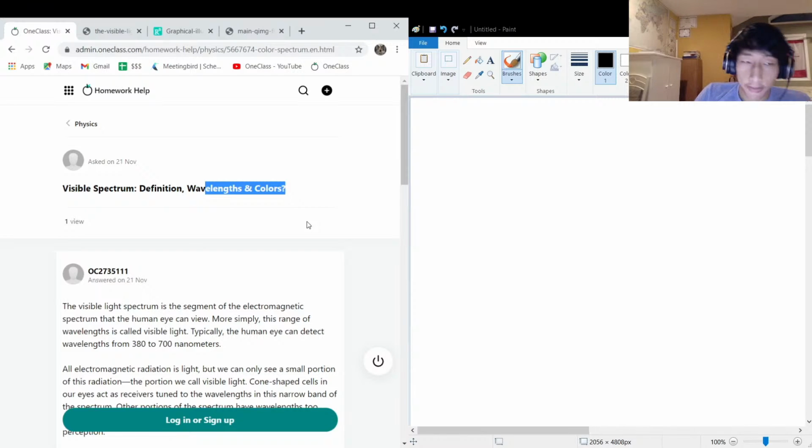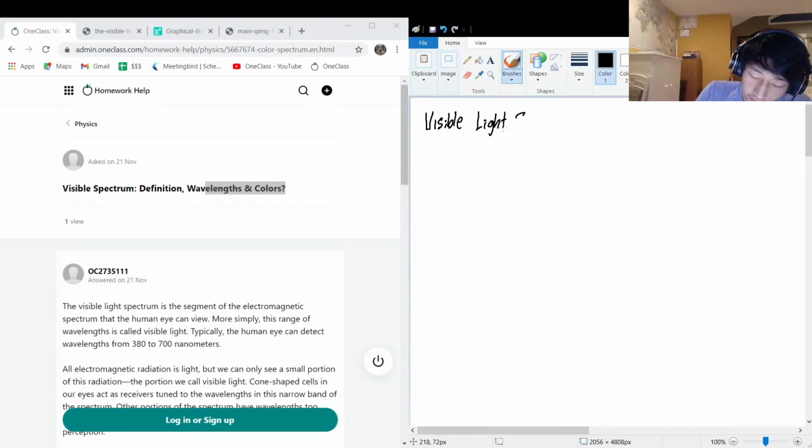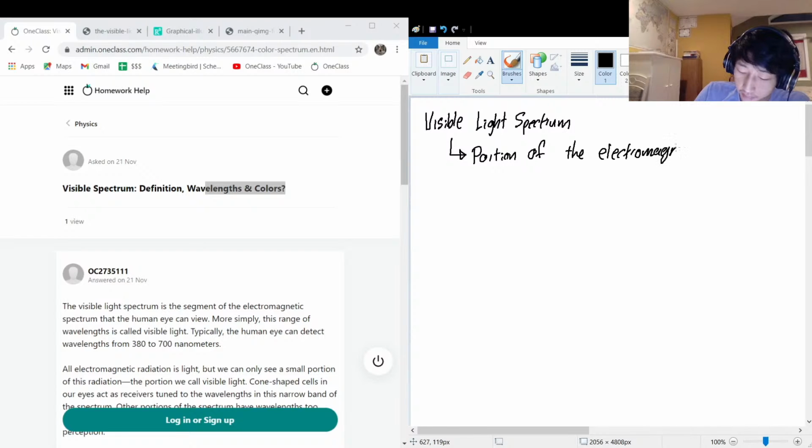Okay, the visible light spectrum is a portion of the electromagnetic wave spectrum.